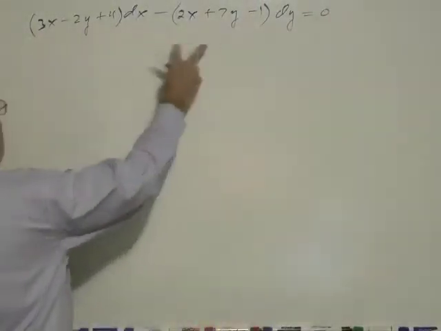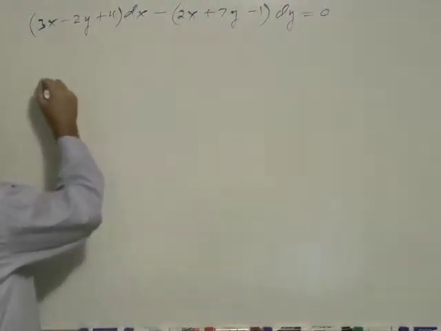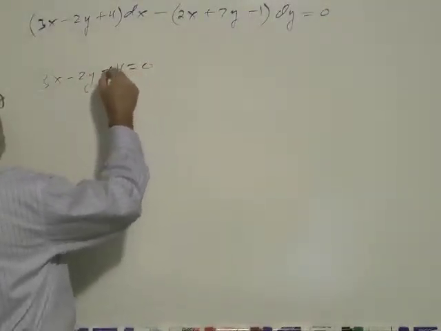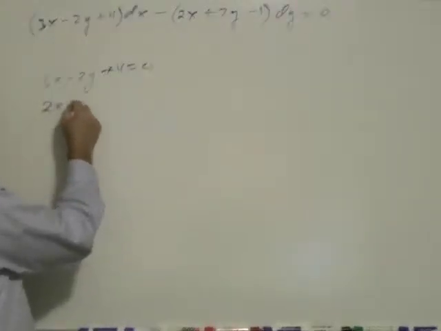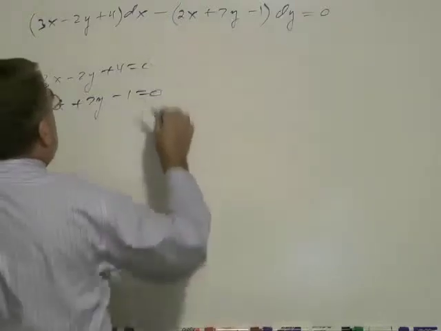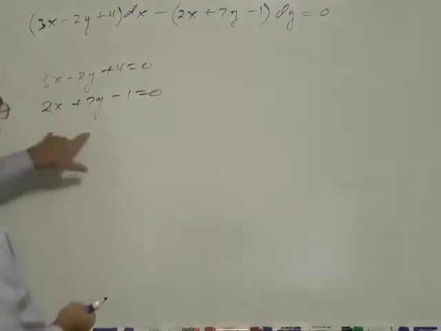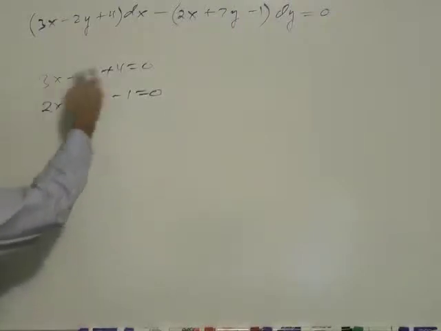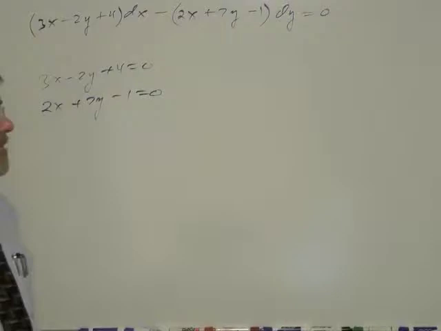So, I'm going to pull out these linear coefficients: 3x minus 2y plus 4, and I'll set them equal to 0; 2x plus 7y minus 1 equal to 0. It doesn't matter whether I use this negative sign or not because it equals 0. I could eliminate the negative if I wanted to. Now if you think about these, both of these are lines.